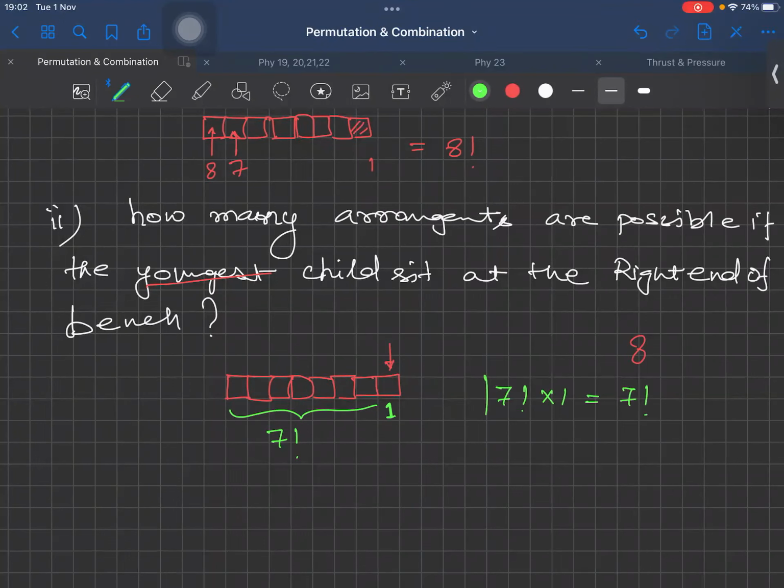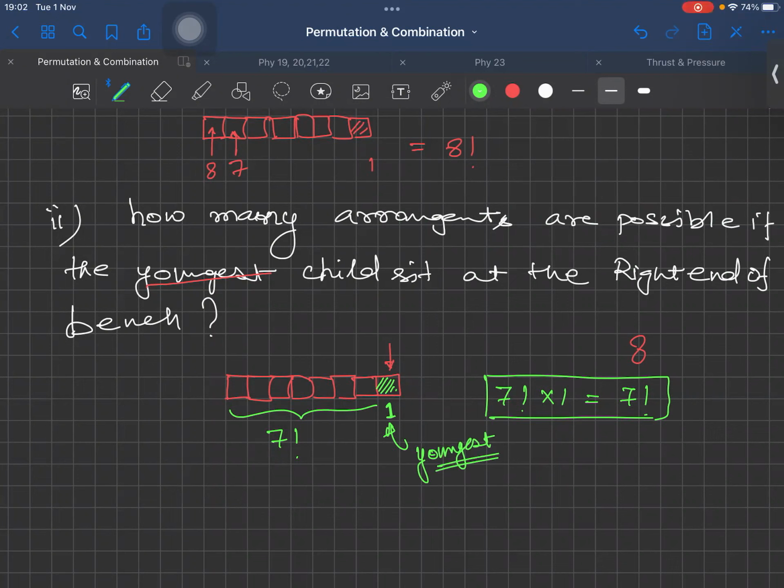Is this clear or not? Anybody is having doubt here? See, the youngest one will always occupy this position. Nobody else can take that seat. That seat is taken by the youngest one, and it's not like there are 2 youngest children.